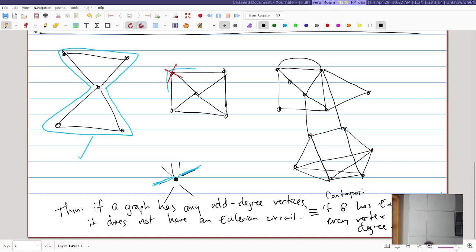Are there any vertices with an odd degree? Since no one has found any yet, yeah, Adam.